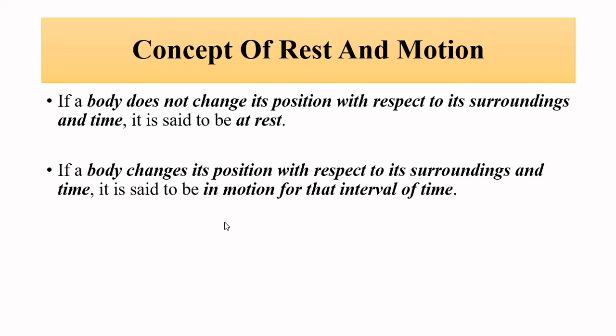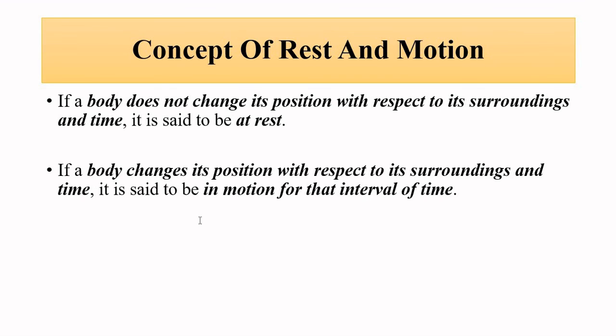If a body, a point object, whatever, does not change its position with respect to its surroundings and time, surroundings meaning ground here, Earth as the frame of reference, then it is at rest. Now if a body changes its position in any direction with respect to its surroundings, that is the frame of reference Earth, and time, as time passes, then it is said to be in motion for that particular interval of time for which it is moving.